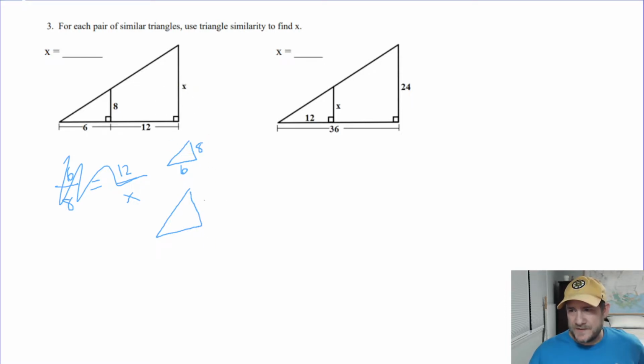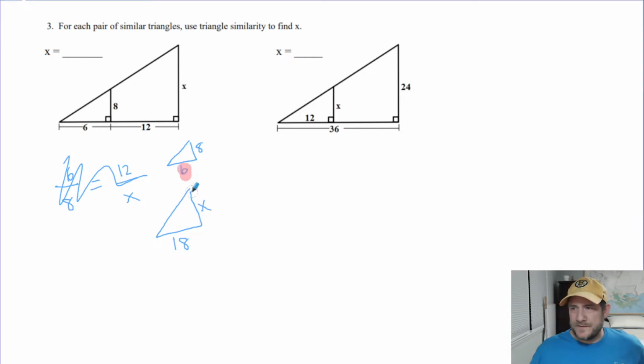This is x in the big triangle. And then this side down here, it's not simply 12, it's 12 plus 6. The whole side should be 18. So as soon as you see that, you can see that in our little proportion, the 6 over 8 was fine, but it should have been 6 over 8 equals 18 over x. So that's where we went wrong.